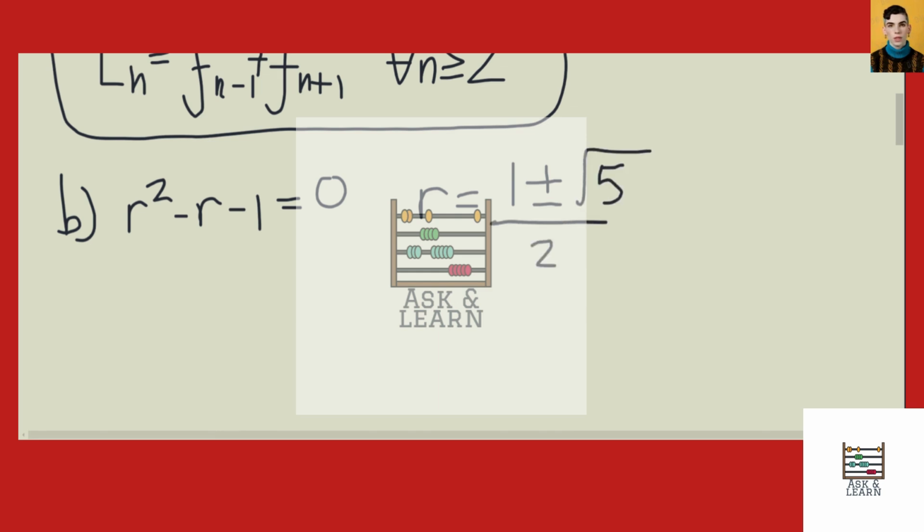And these roots are distinct, so it follows that the general solution is L_n equals alpha_1 times ((1 plus root 5)/2)^n plus alpha_2 times ((1 minus root 5)/2)^n.